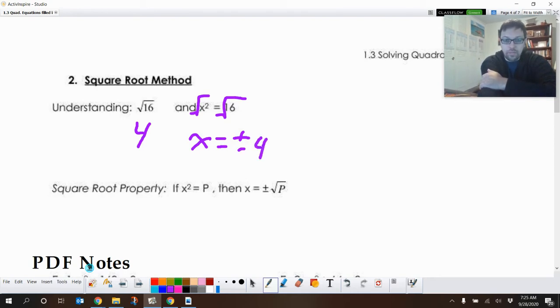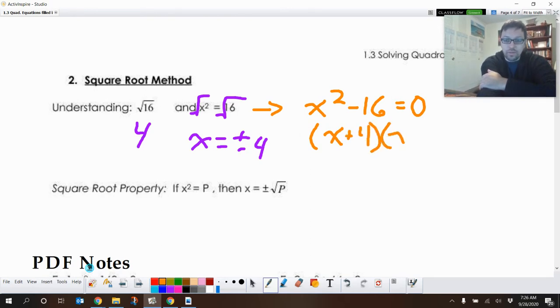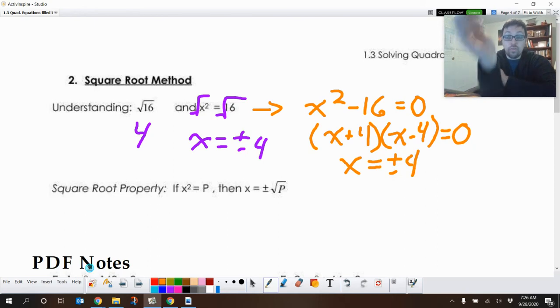The reason is that if you alternatively factor this and do the proper thing of getting it equal to 0, we would factor this as an x plus 4 and an x minus 4, which gets us that same x equals plus or minus 4. So we need to make sure that the orange method and the purple method get us the same thing.